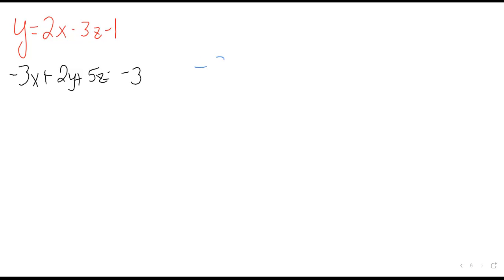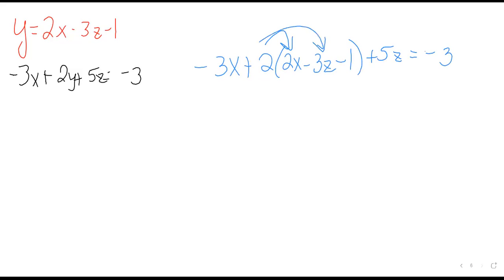I'm just going to replace that y with, I'm looking at the wrong equations, 2x minus 3z minus 1 plus 5z equals -3. Again, I distribute to get rid of my parentheses. So that's -3x plus my 2 times 2 is a 4.